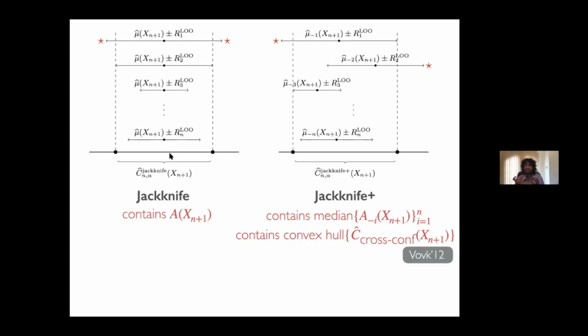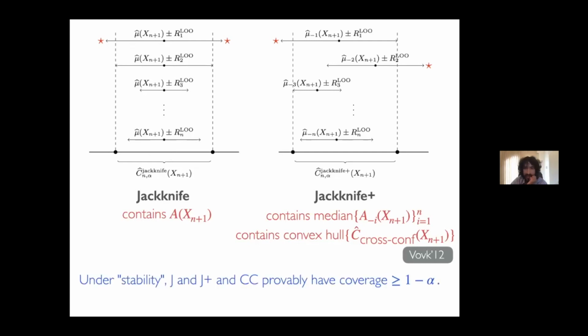Cross-conformal is a variant of split and full conformal that also uses a leave-one-out idea. But cross-conformal prediction need not return an interval. It potentially returns a union of n intervals. And we can show that the jackknife plus does contain the convex hull of those. So they're actually very closely related. In fact, all of our proofs for jackknife plus also go through for cross-conformal prediction. So that's nice.